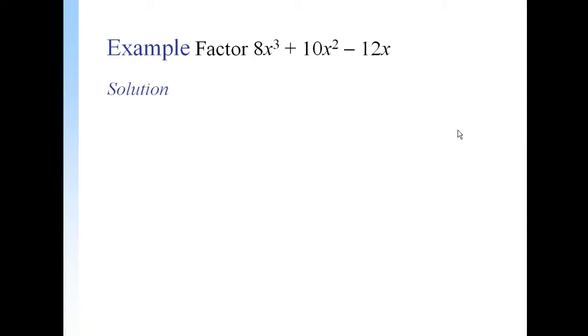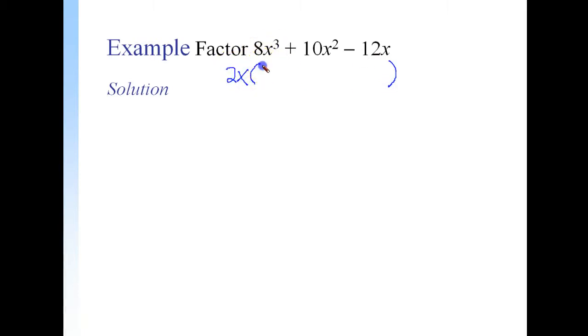Okay, let's do this one now using the techniques we just had. And step 1, is there a common factor? Yes, we can factor out from each term a 2x.